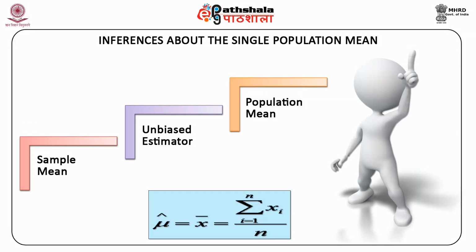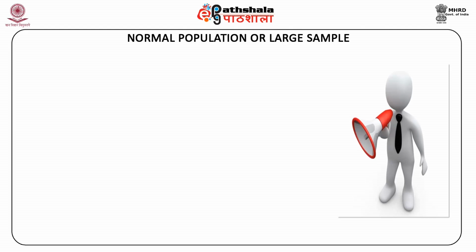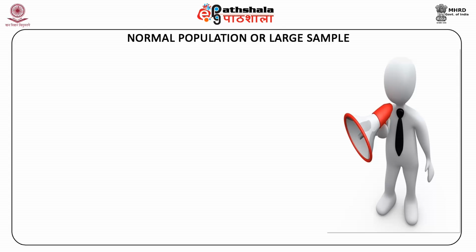The limits of the confidence interval and tests of a hypothesis about mu depend on assumptions made about the population and the sample size. Now we will discuss the distribution of sample means when the population is normal or the sample is large.